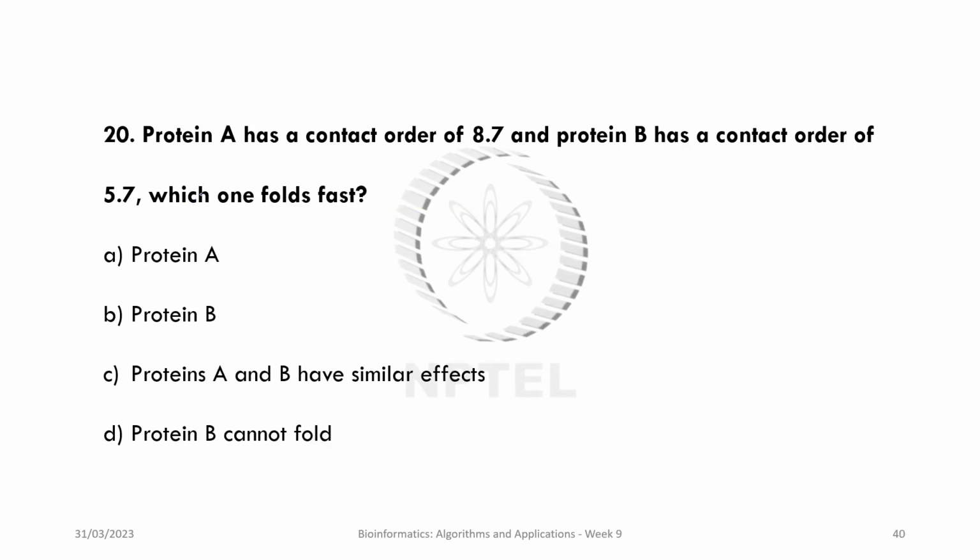Question 20. Protein A has a contact order of 8.7. Protein B has a contact order of 5.7. Which one folds fast? Devangana says B. Oh, Nagamani says A. Oh, that was for the previous question, sorry.